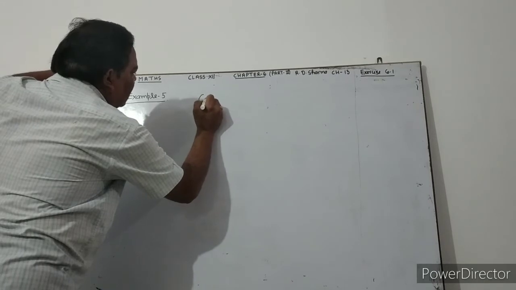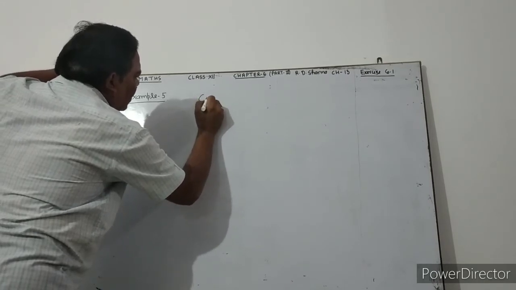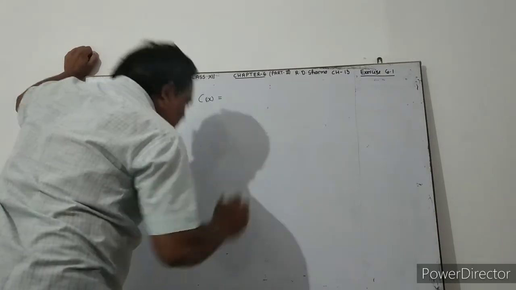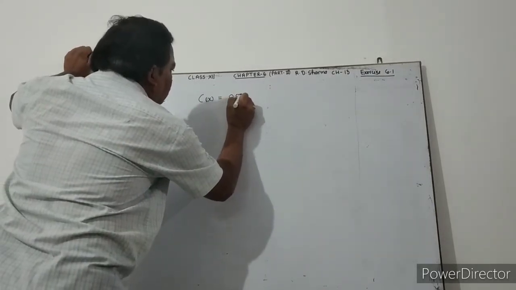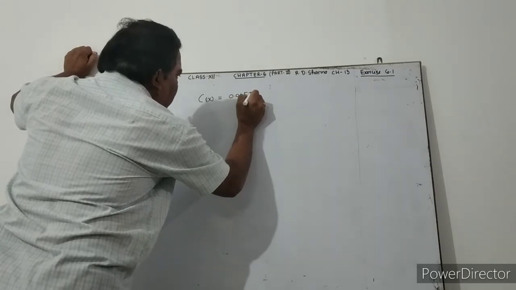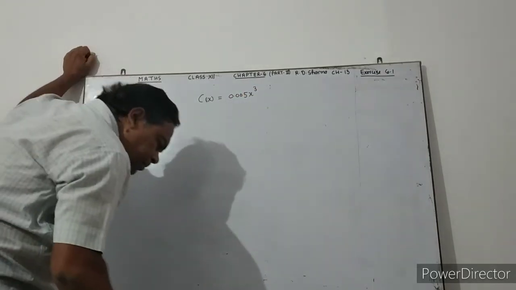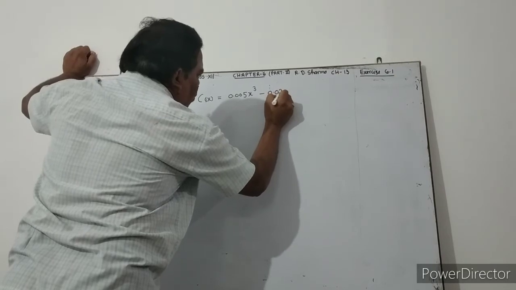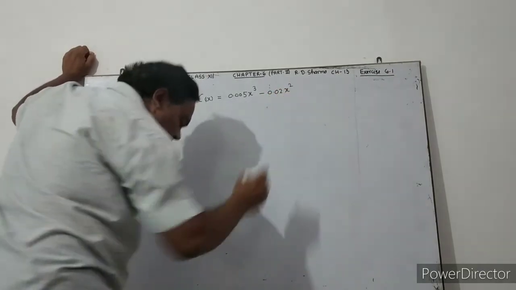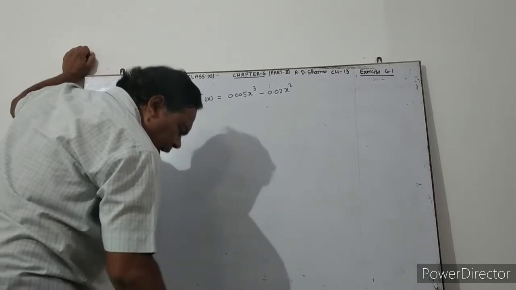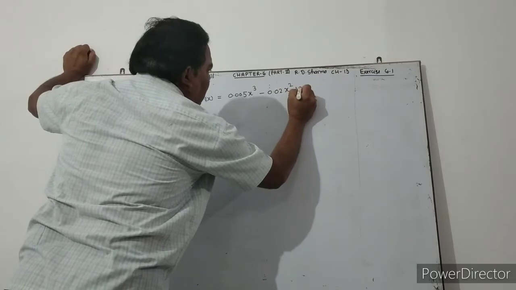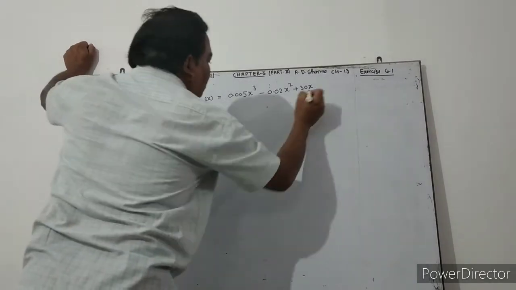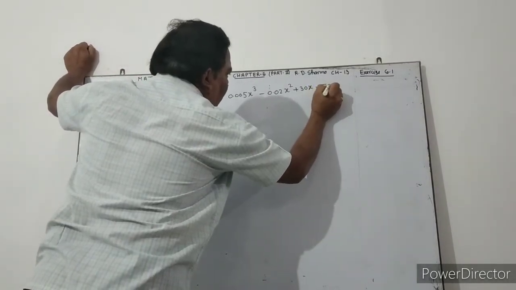The value of C(x) is 0.005 x cube minus 0.02 x square plus 30x plus 5,000.